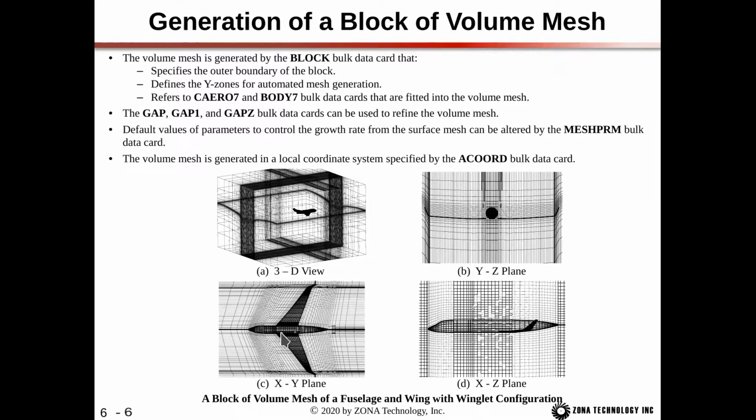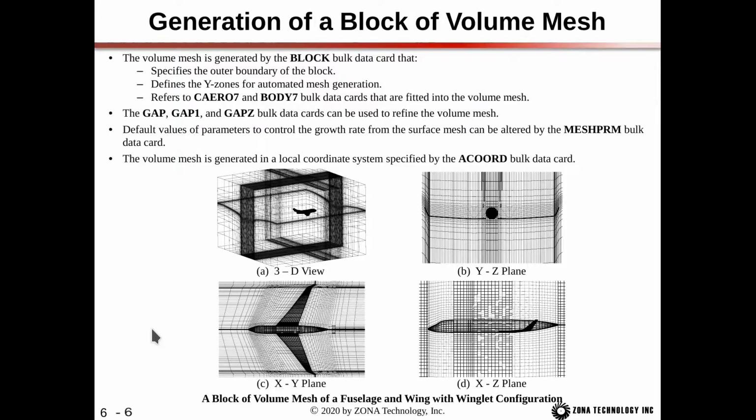So in this example, it looks like we've used some gap cards both in front of and behind the wing to assist the mesh generation. This is usually required when you have a wing and a fuselage in the same block. So it just helps have a smoother mesh in front of and behind the wing.